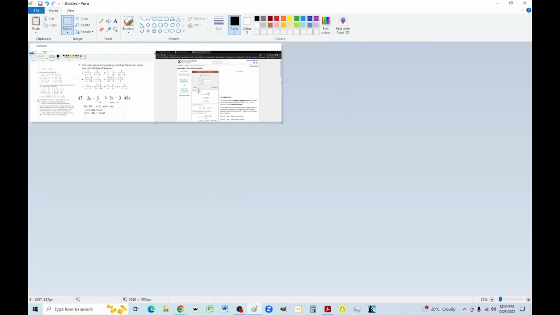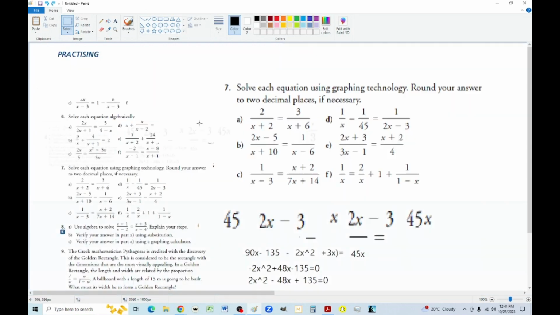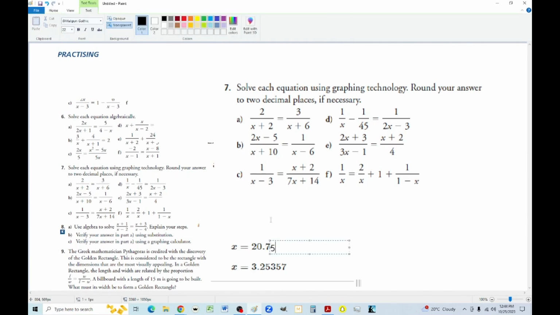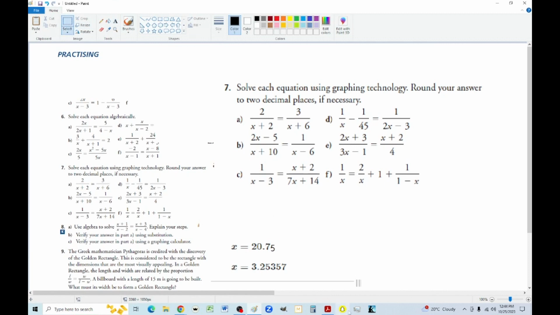Right there. And they want it to 2 decimals. So if I look here, this 4 has to round up to a 5. And this 5 down here doesn't round up at all. So there's my 2 possible answers when I use the quadratic formula, assuming I got the calculations right.